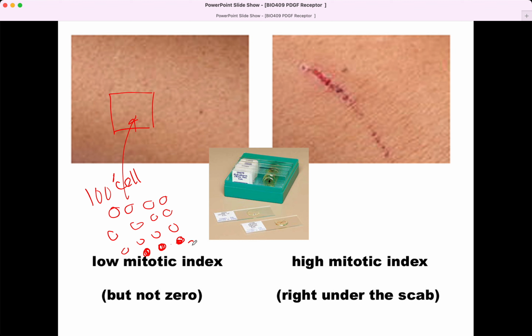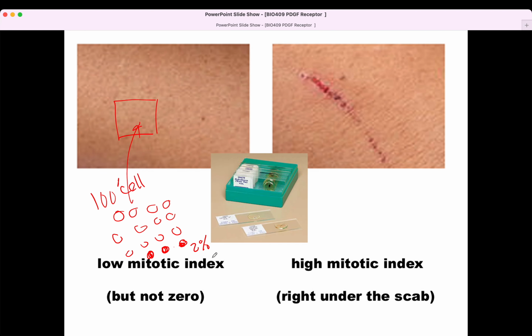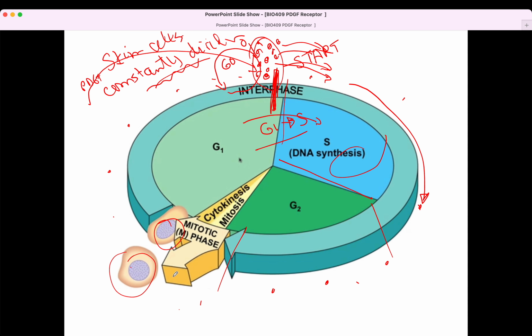And it's maybe like 2%, something like that. Just 2 or 3 out of 100 are in mitosis. Now, why mitosis? Because that's the only time we can see things happening under a microscope.